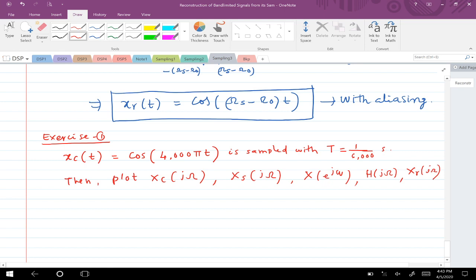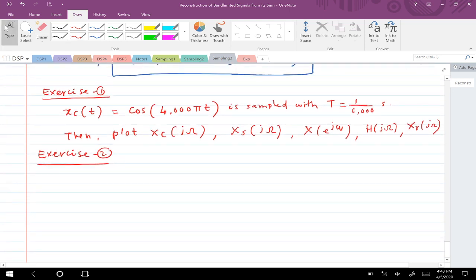That's the first thing, and the second exercise I would give you is along similar lines, but now you take xc of t equal to cos of 16,000 pi t. Now this is the input signal.